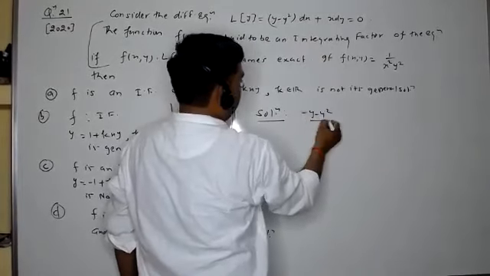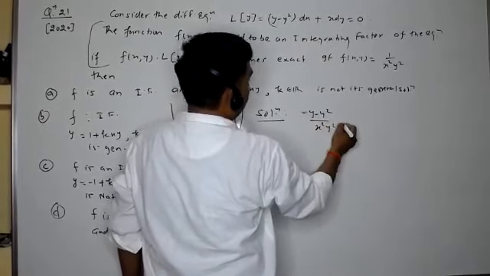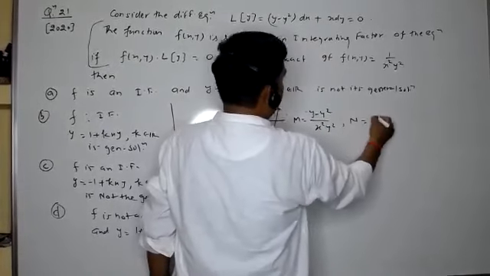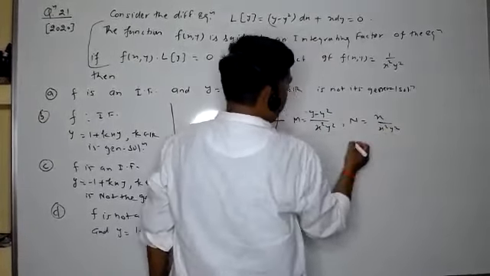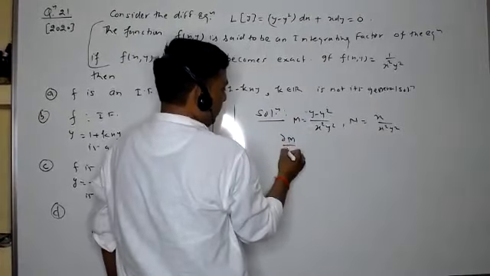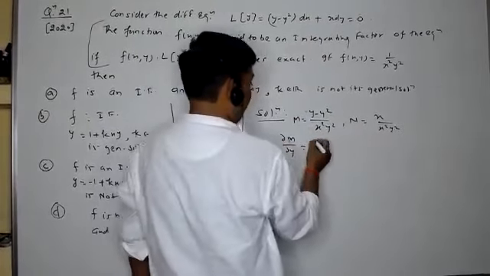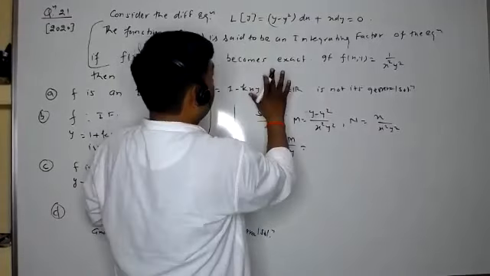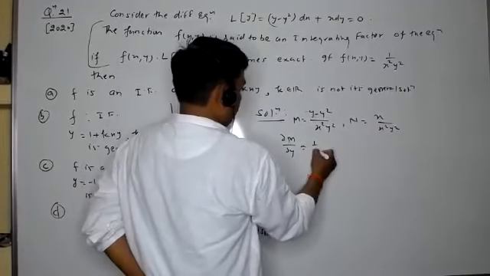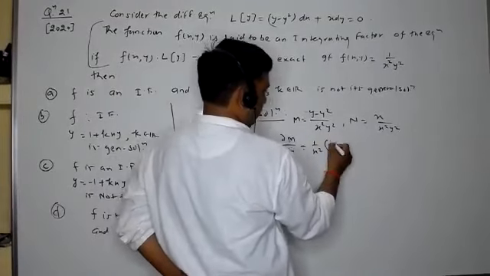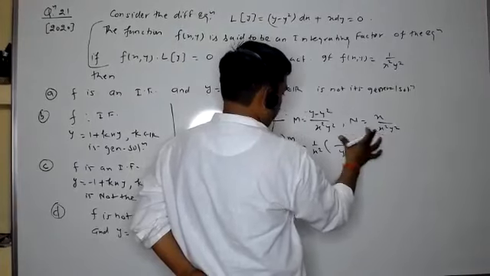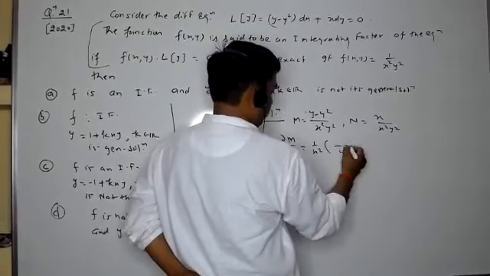So M is y minus y square divided by x square, N should be x upon x square y square. So derivative of M over derivative of y will be what? This is y minus y square, okay, 1 upon x square here. So 1 minus y upon y, that will be y square, right?